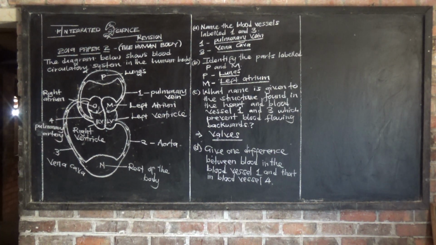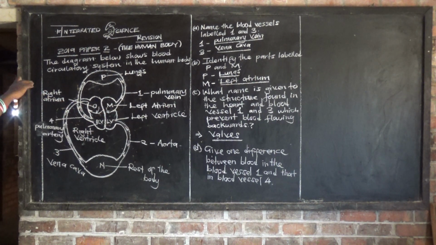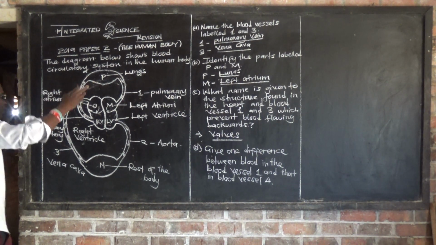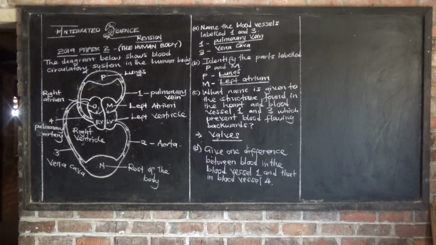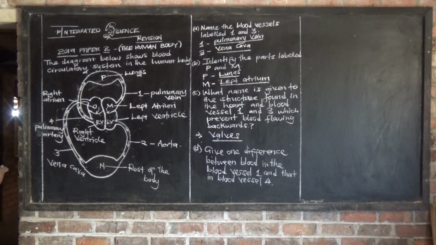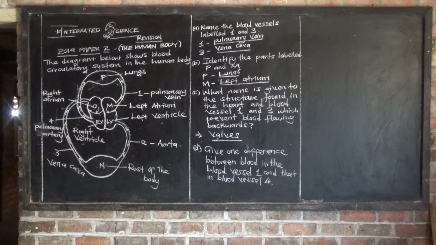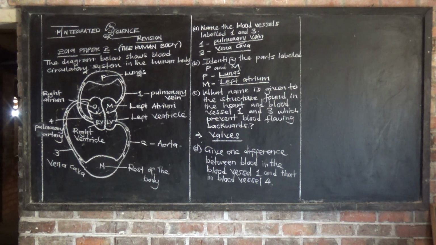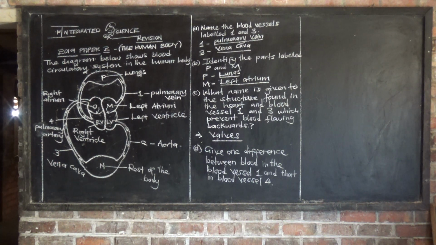How does blood which passes through the pulmonary vein differ from the blood which passes through the pulmonary artery? You're supposed to know. So one difference is just say blood which passes through blood vessel 1, which is the pulmonary vein, is oxygenated, while blood which passes through blood vessel 4 is deoxygenated.